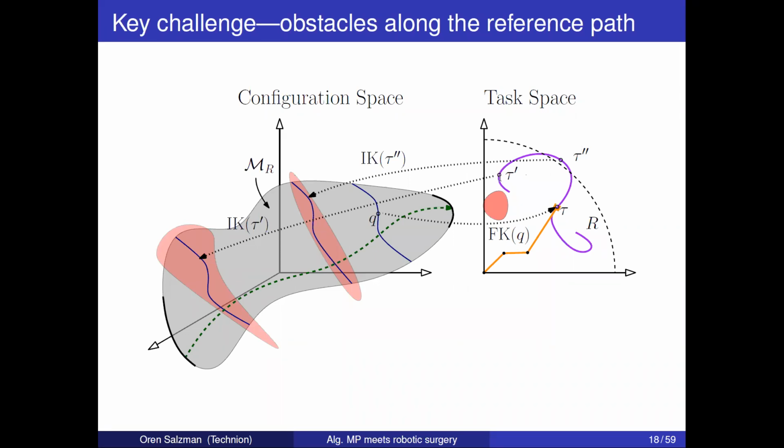Or points can be simply unreachable because there are obstacles in our configuration space that don't allow the robot to reach specific points on the reference path. So there may be entire sections, entire points on the reference path, for which no IK solution can give us a collision-free configuration.